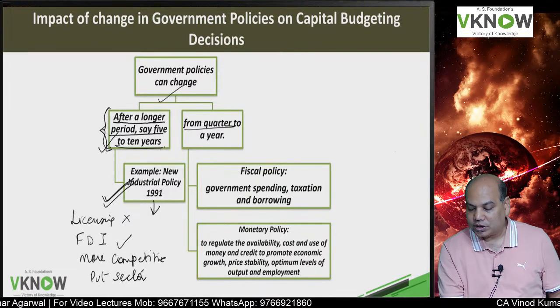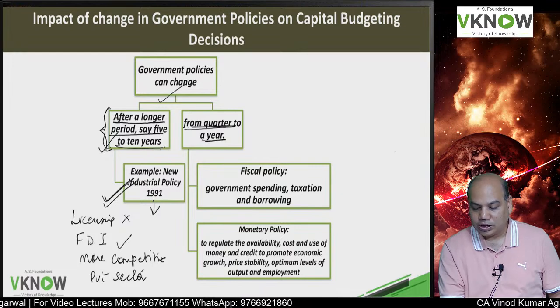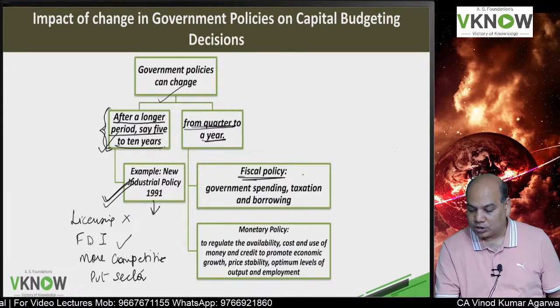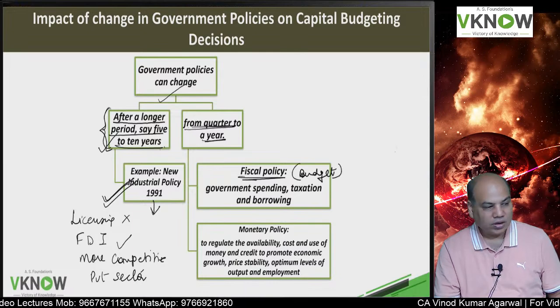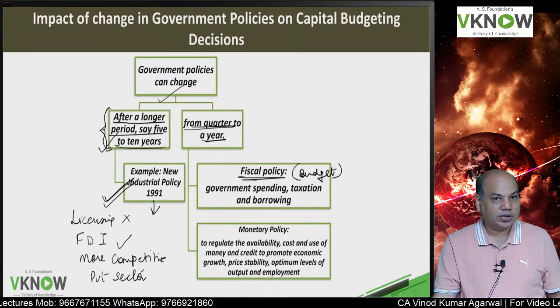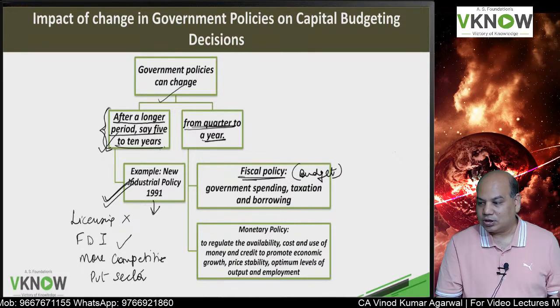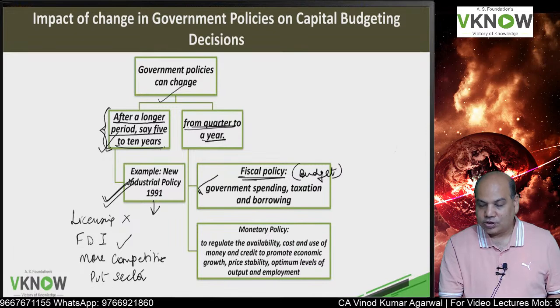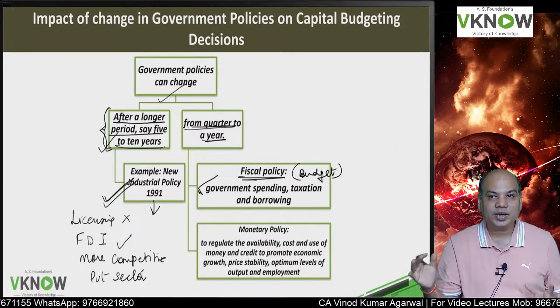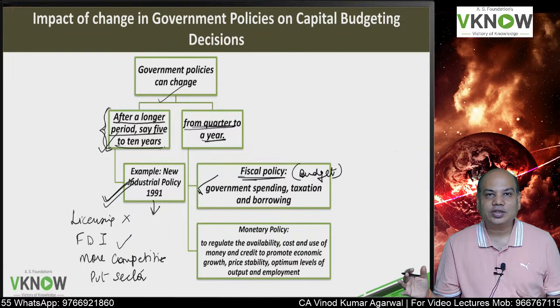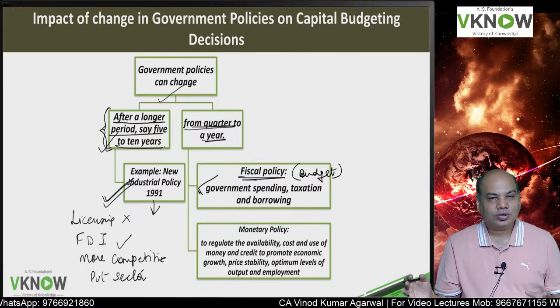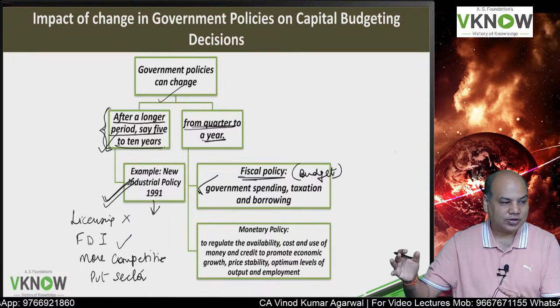Certain policies change from quarter to quarter or year to year. For example, fiscal policy means the budget that is presented every year. In that budget, the government announces their spending policy, expenditure, which sector they are going to spend more on. So now they are spending more on infrastructure.